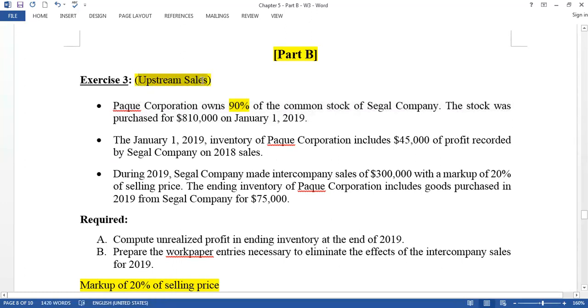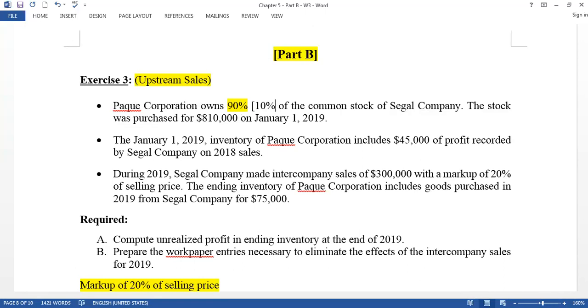If it is upstream sales, you have to think about the percentage of the parent, because upstream sales means subsidiary sales to parents, right? So you have to think from the very beginning that 90% is related with parents and 10% related with NCI.